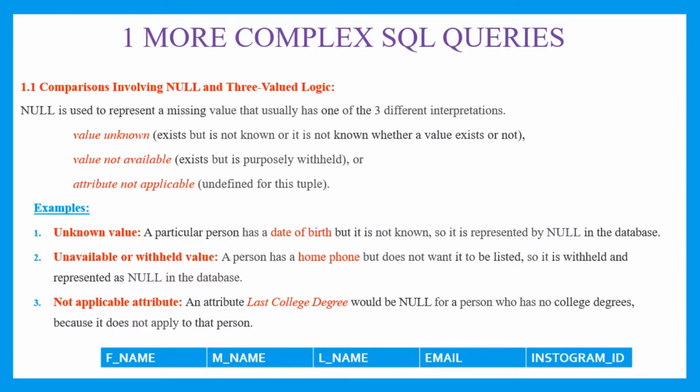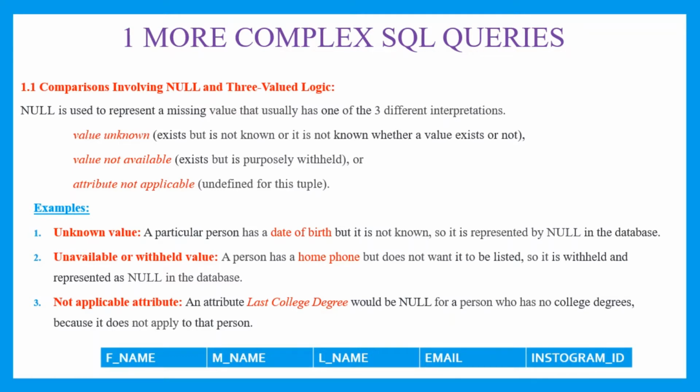Let us take an example for the three different interpretations of null value. Unknown value: a particular person has a date of birth, but it is not known.